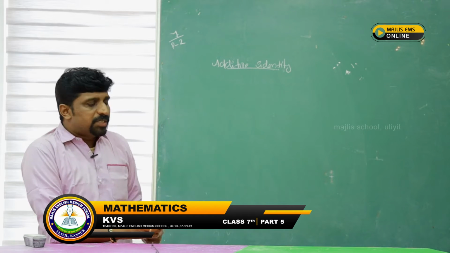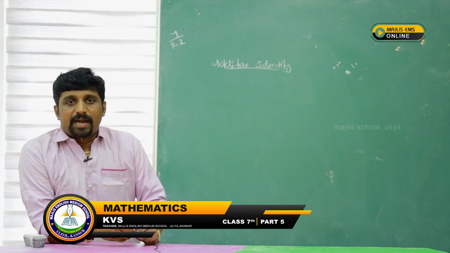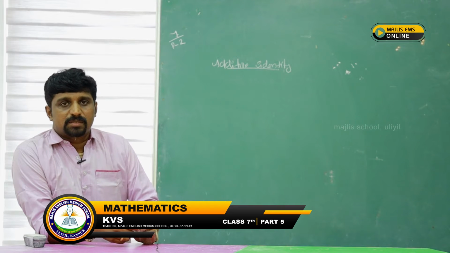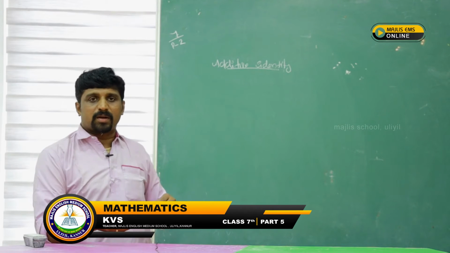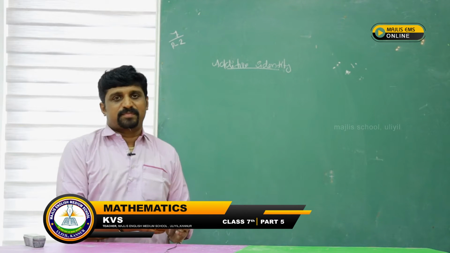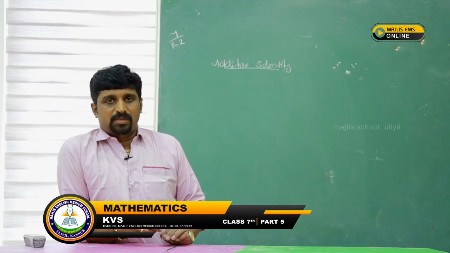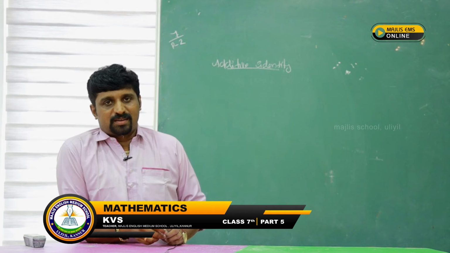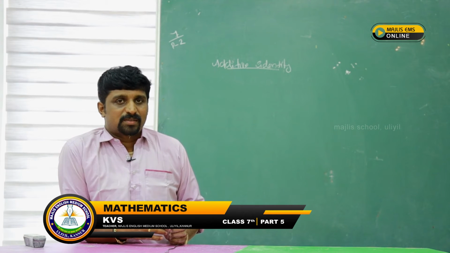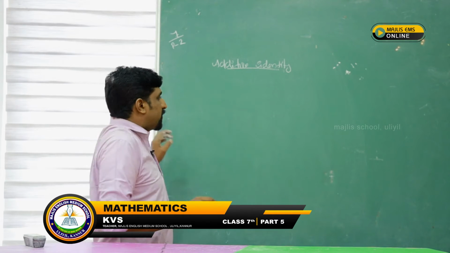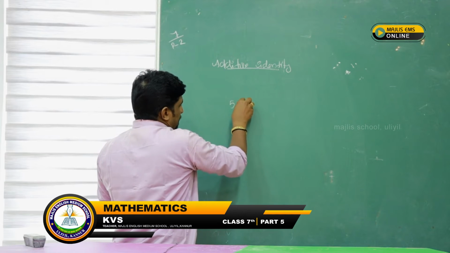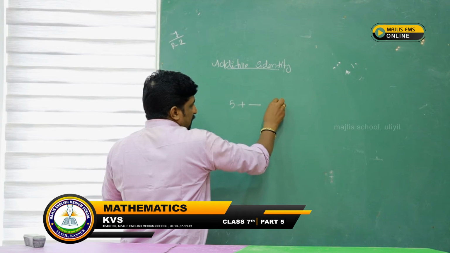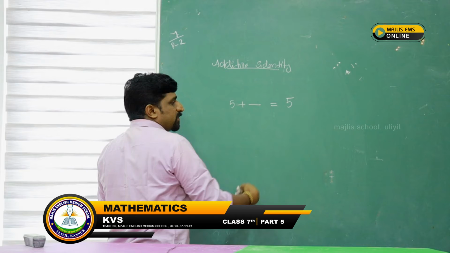So we can discuss additive identity. Additive identity means, suppose we consider the number 5, what number can you add to that so the answer is the first number again? 5 plus dash equal to 5.